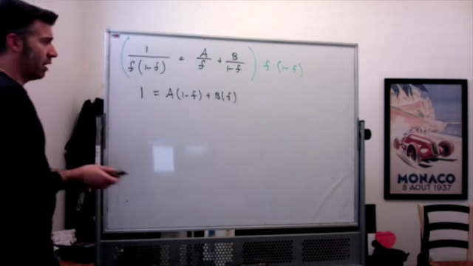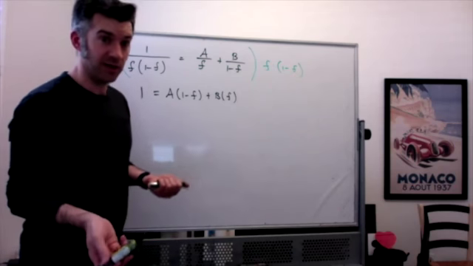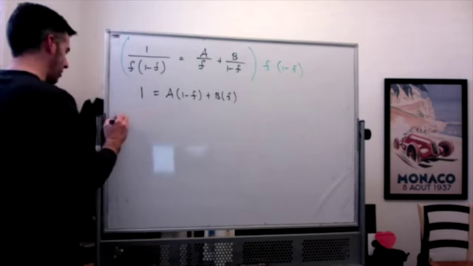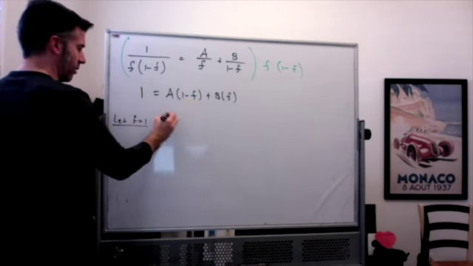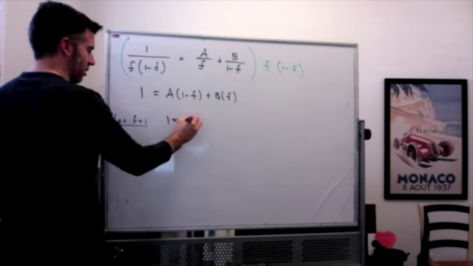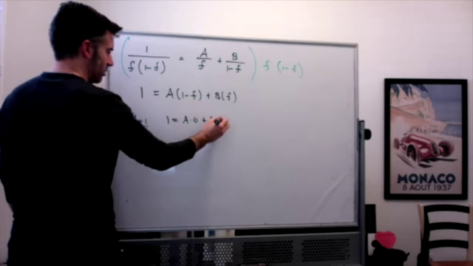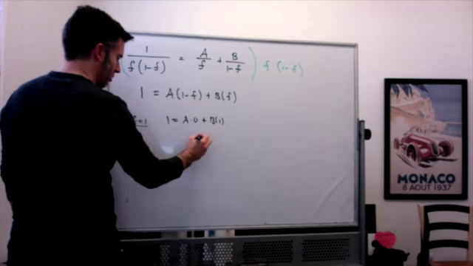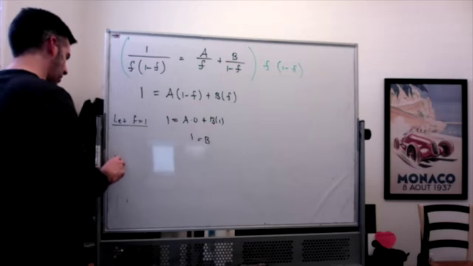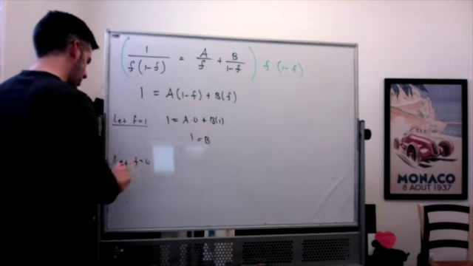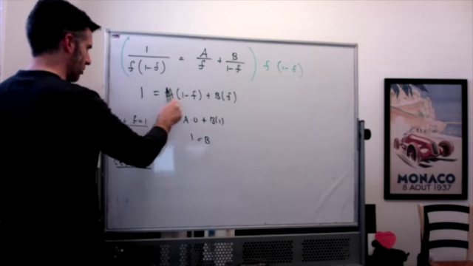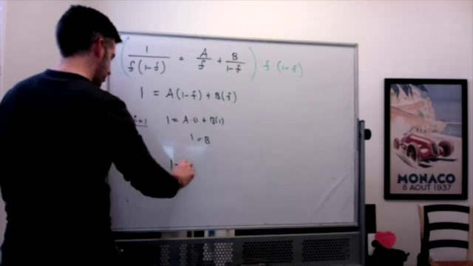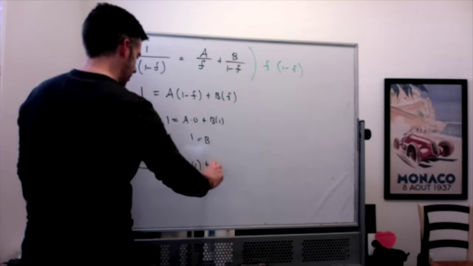Okay. I like to use the convenient values method, meaning I'm going to let f equal 1. If f is 1, I get 1 equal to a times 0 plus b times 1. So b equals 1. Let f equal 0. So then I get 1 equal to a times 1 plus b times 0.